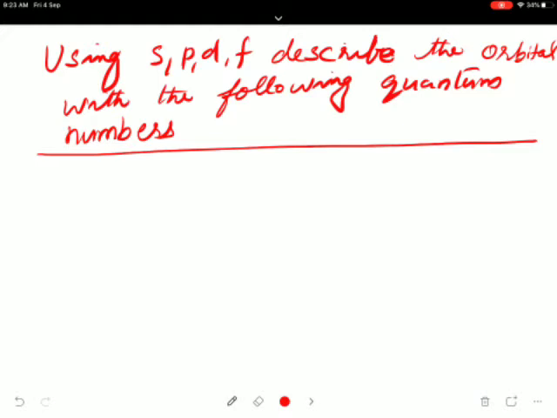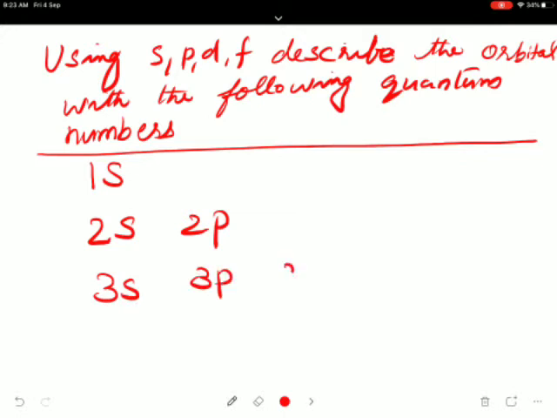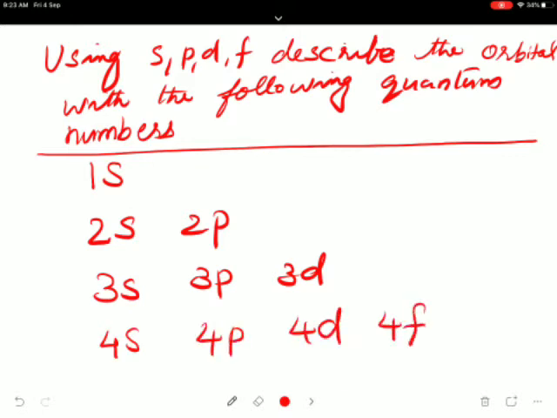Before giving the quantum numbers, let me tell you, in the first shell only the 1s orbital is there, no 1p, no 1d, no 1f. In the second, 2s and 2p, no 2d. In the third, 3s, 3p, 3d, no 3f. In the fourth, 4s, 4p, 4d, 4f, no 4g, like that.